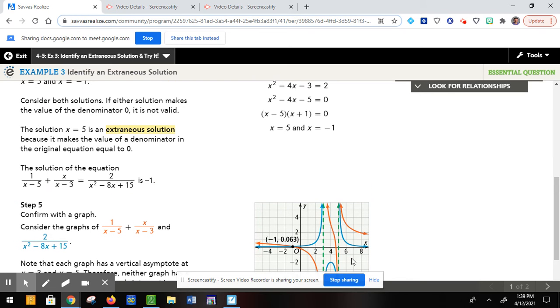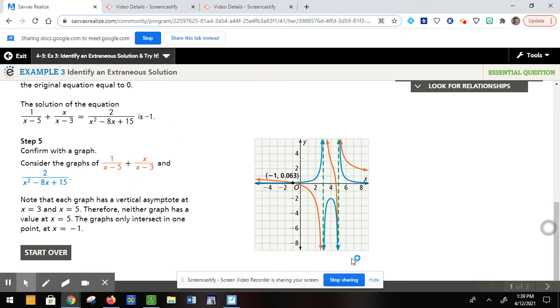The other place, 5, is that vertical asymptote, so they can't cross there, right? And then the other vertical asymptote would have been 3, which would have been an extraneous solution if it was a solution. So again, the blue is the right side of the equation, the orange was the left side of the equation, and the only place they are intersecting is at -1, which is the solution we got algebraically.